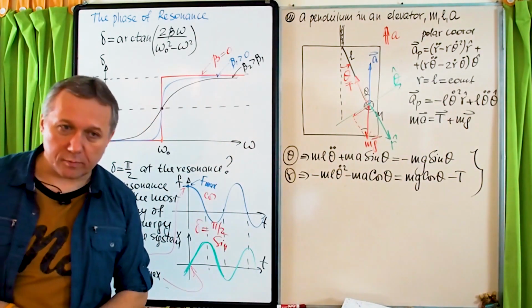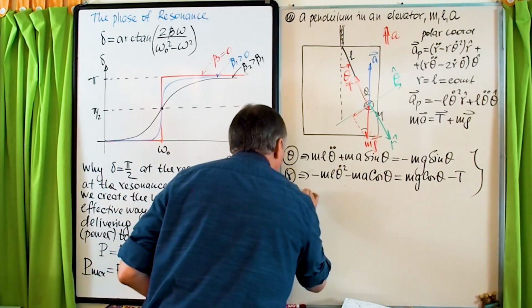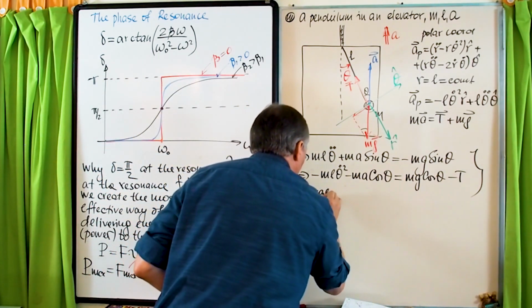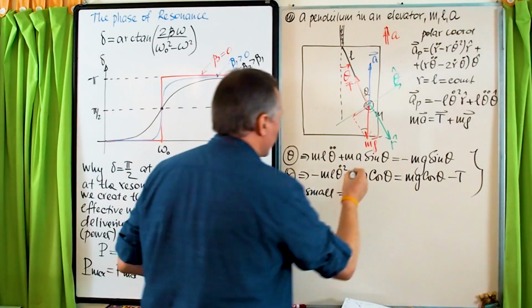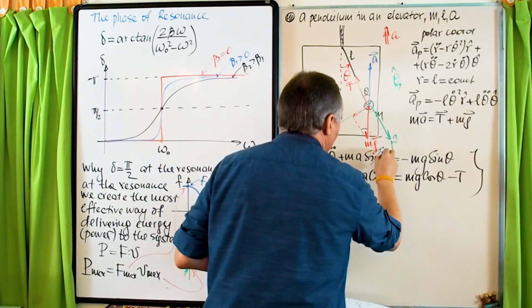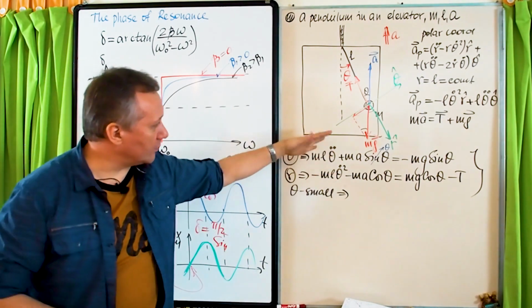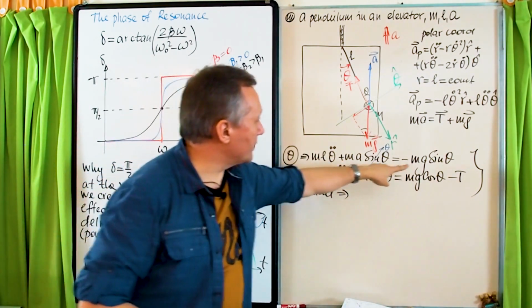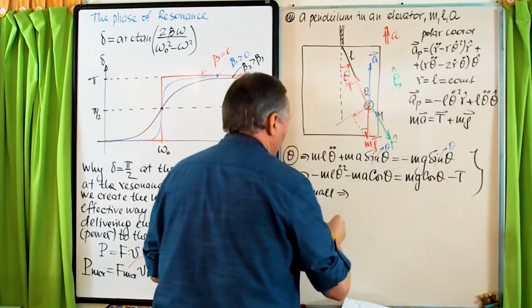Of course, now we're going to assume small oscillations, small angle approximation. Theta is small, so we can simplify it all. So this sine will be theta, and this will also, in this approximation, be theta.